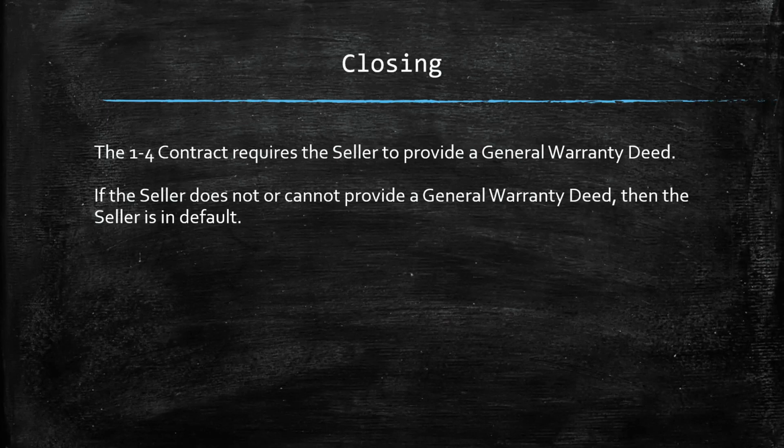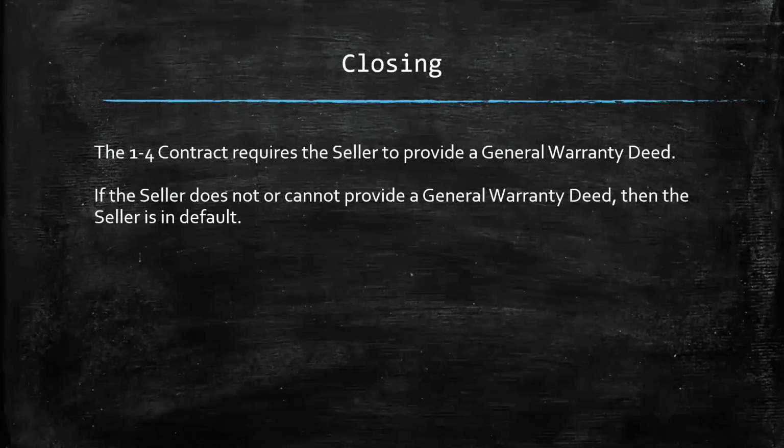And I have seen buyers be able to get out of a 1-to-4 contract for this reason and get their earnest money back because the seller could not provide them a general warranty deed. So bear that one in mind.